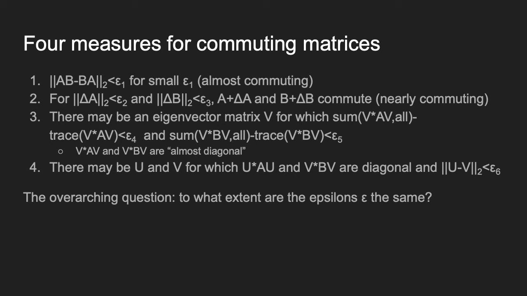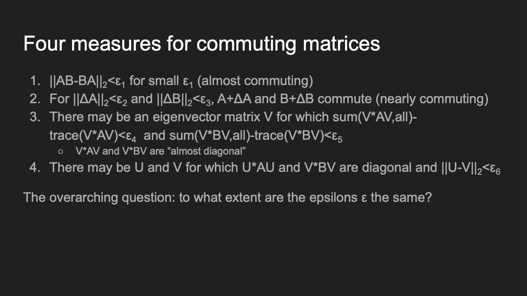Measure 3. There may be an eigenvector matrix V, for which the sum of all elements in V star times A times V minus the trace of V star times A times V is less than epsilon 4, and the sum of all elements in V star times B times V minus the trace of V star times B times V is less than epsilon 5. Another way of saying this is that V star A V and V star B V are almost diagonal.